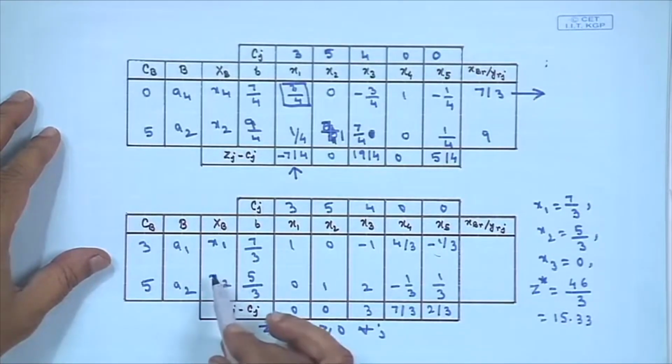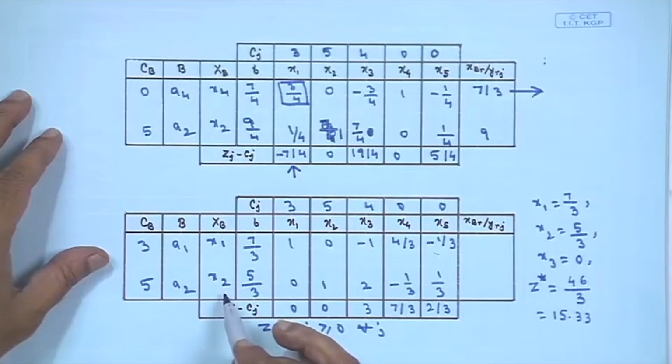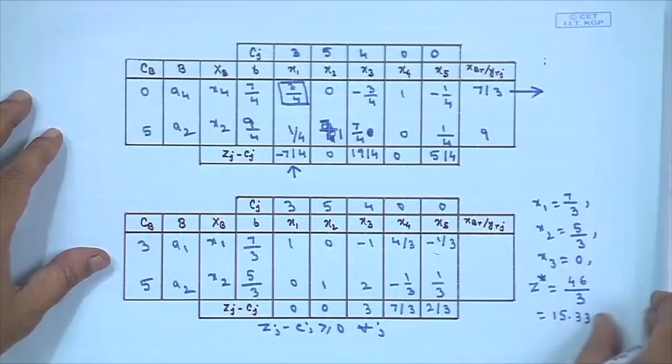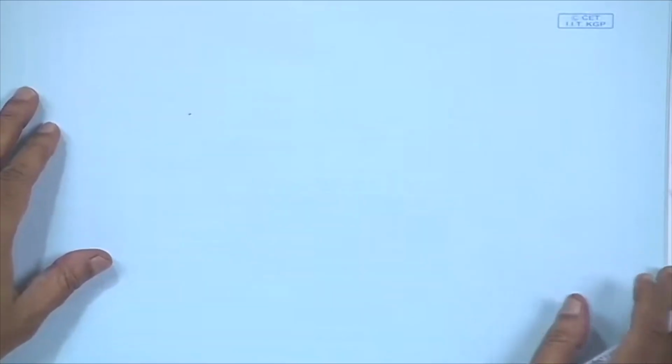Therefore, the calculation which we did earlier will not be applicable for product 3, because this is not in the basis. The only thing I have to check is that the Z3 minus C3 value should be changing.